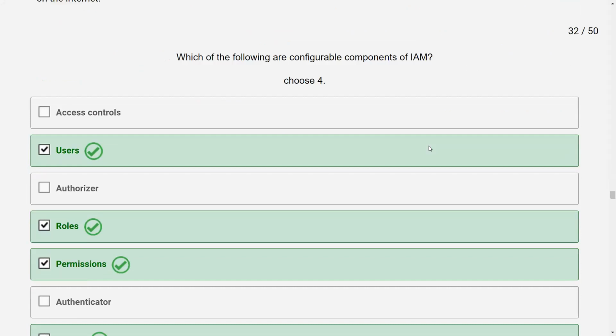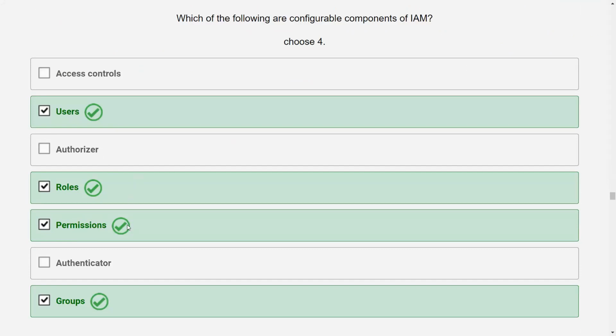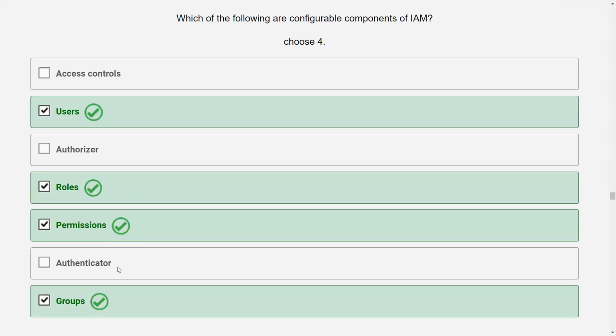So with identity and access management, you are looking at users, roles, user permissions, and then groups, right? The authenticator checks the password and things, and the authorizer checks who actually has access to what.